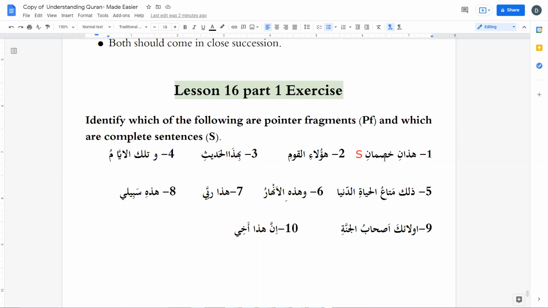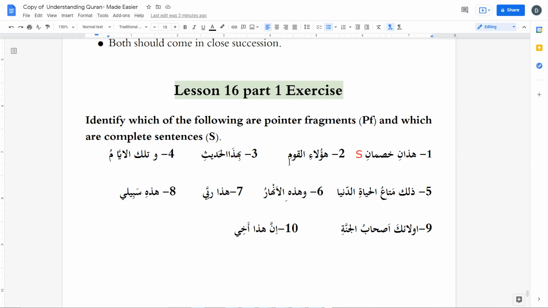There should be al on the second ism if it is a pointer fragment. And if there's no al on the second ism, then it's not a pointer fragment. Over here, both are in Rafa status. Hadani Rafa, Khasmani Rafa, and they both are making a complete sentence, Mubtada and Khabar.